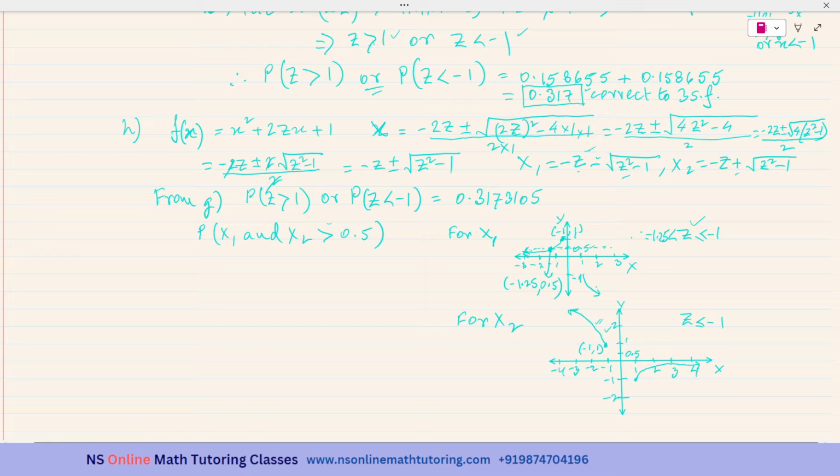And I have to get the intersection values for these two, because x1 should be greater than 0.5 and also x2 should be greater than 0.5. Both have to be met.